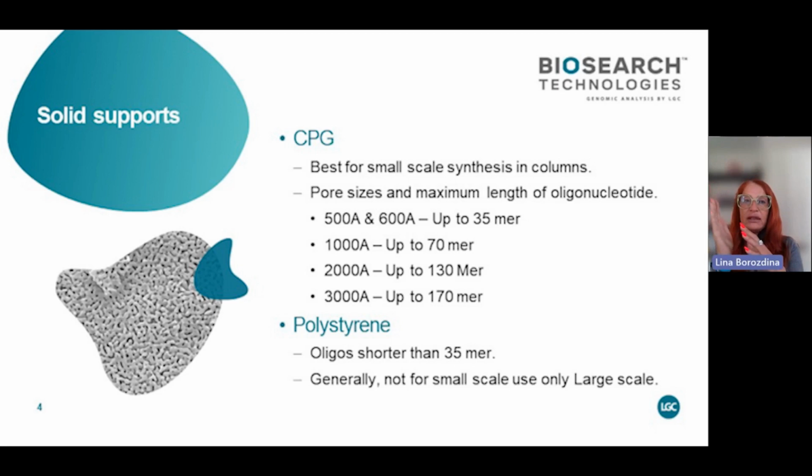At some point, the chain is going to fold over and won't allow the next base to couple. So you will see a drastic drop in your coupling efficiency. So polystyrene is good for ASOs, large scale, because the coverage and loading on it is much higher than the CPG. So both supports have a good place for specific applications.